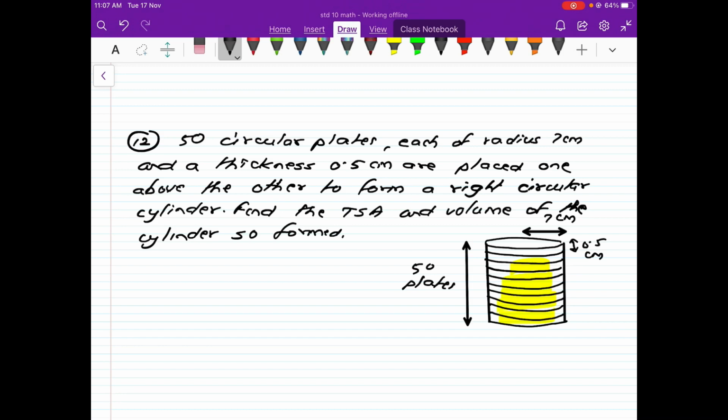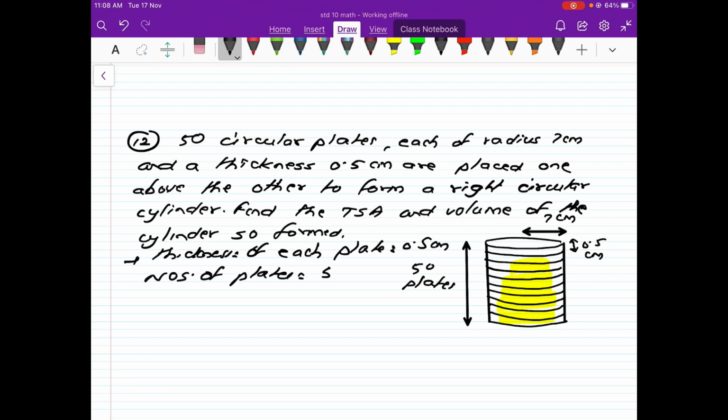So what we'll have to do is, what is the thickness of each plate? The thickness of each plate is given to us as 0.5 centimeter. Now this thickness is actually considered as the height also. So how many plates are there? The number of plates is 50.